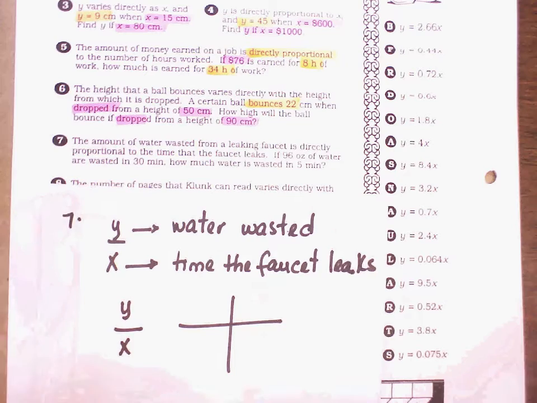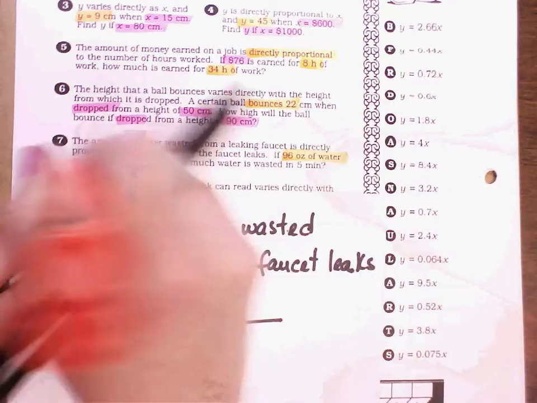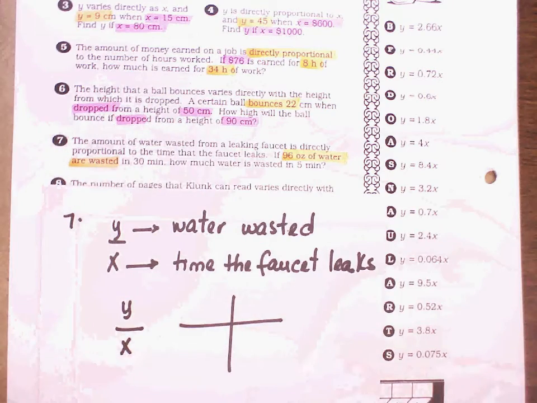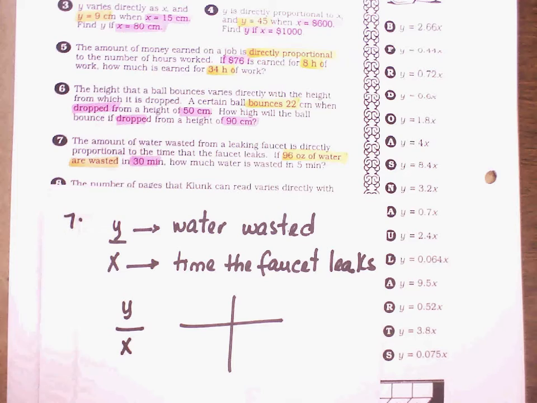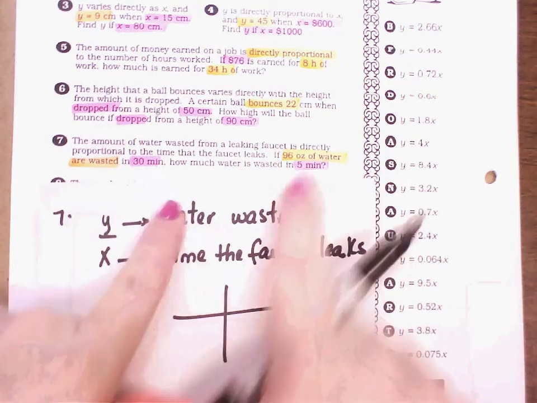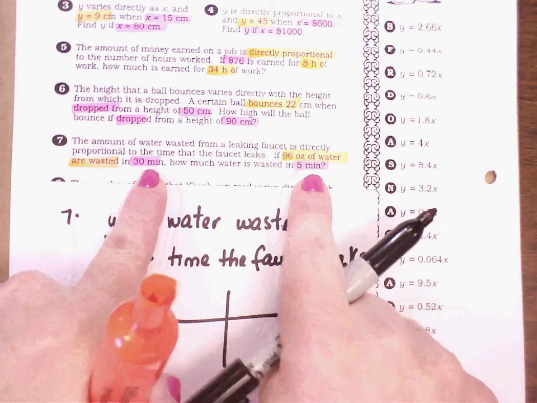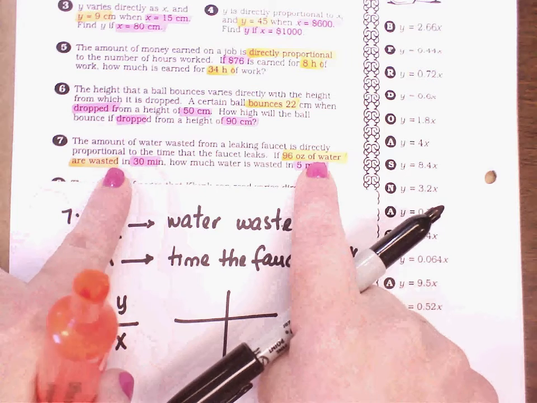All right. So if 96 ounces of water are wasted in 30 minutes, how much water is wasted in 5 minutes? Notice how I highlight minutes the same color, and then the ounces in a different color so that I know where to put them over here.